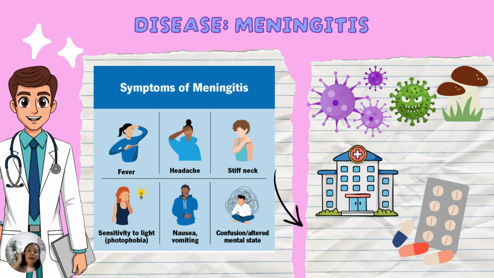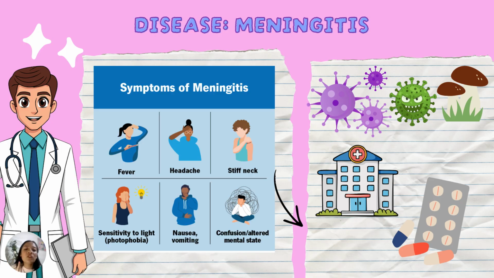So, in the next part, we have the disease that is meningitis. This is an important disease related to the different important structures. Meningitis is an inflammation of the meninges that I explained before, and it can be caused by bacteria, viruses, and fungi or other pathogens.